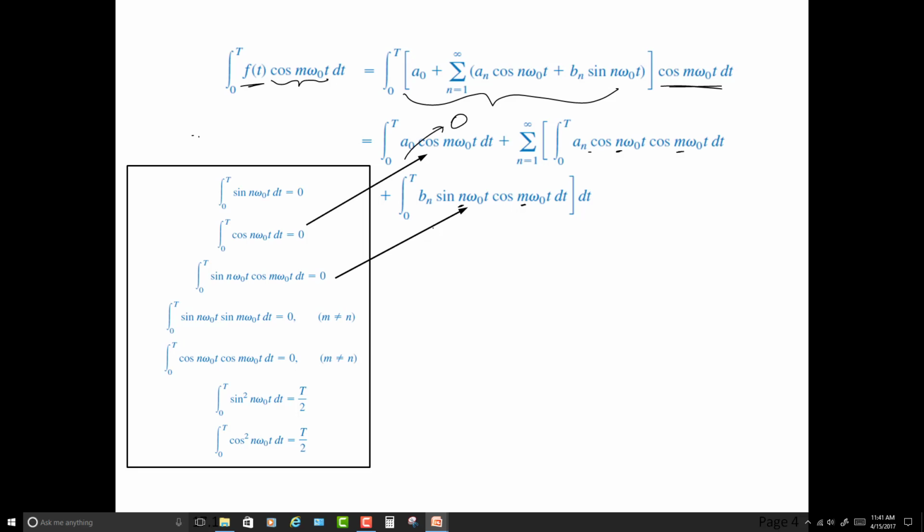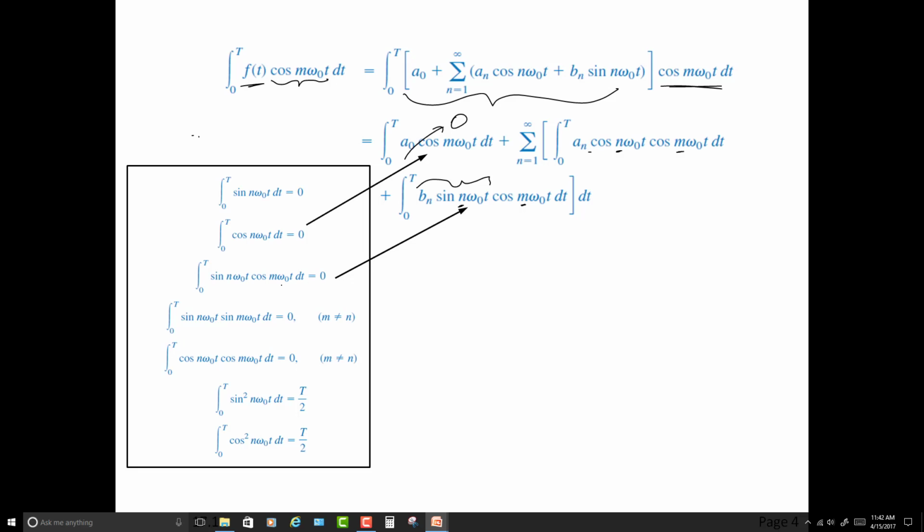How easy could this be? We integrate over the period b sub n, the sine terms, times sine n omega t. That's just a term straight out of the Fourier series, times our cosine n omega t. And what have we got to say about that? Well, the sine times the cosine integrated over a period is 0.